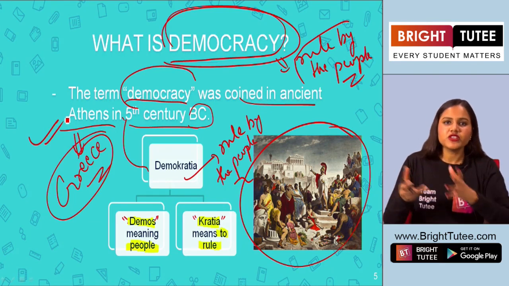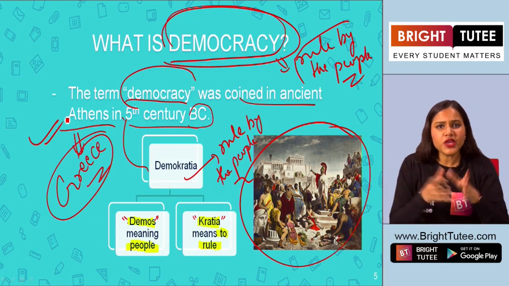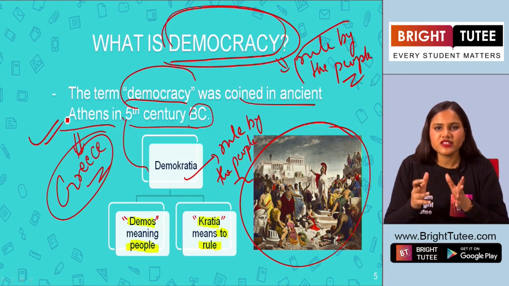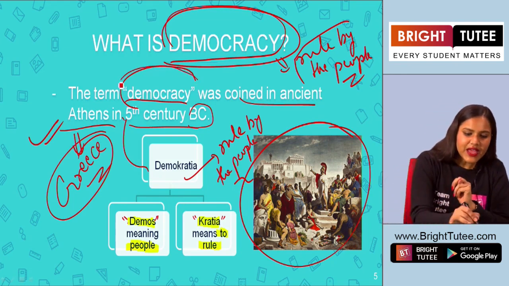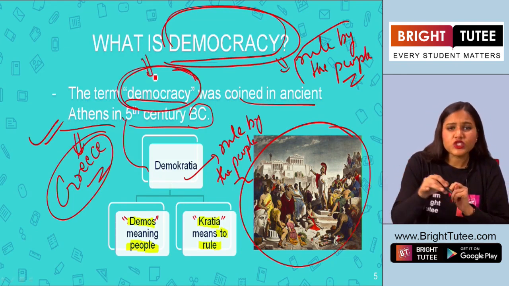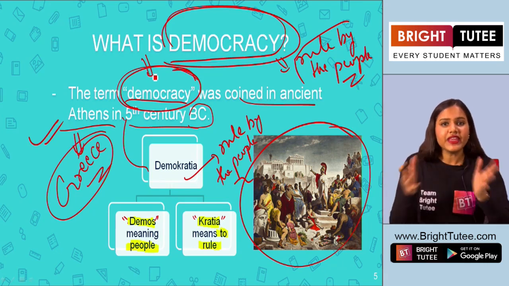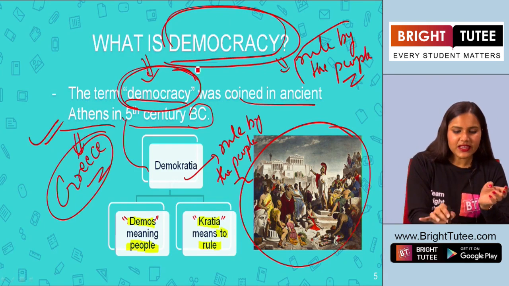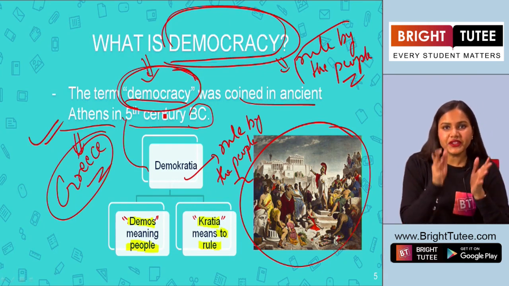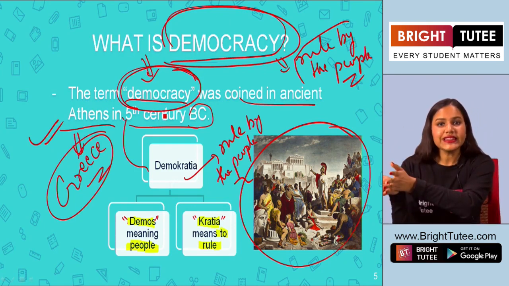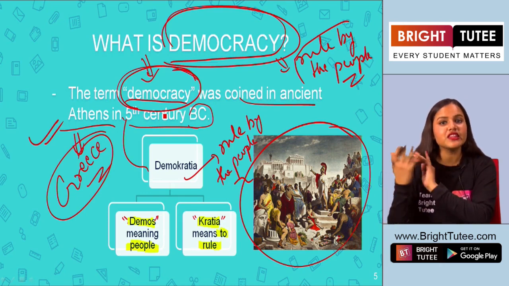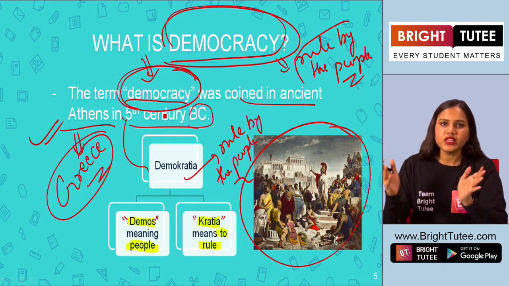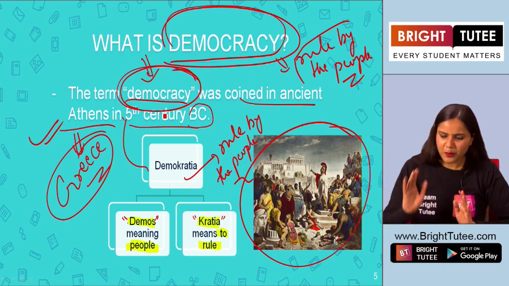Now, when I'm talking about historians and political philosophers, we all know that social science is a subject where everyone, be it the historians or the philosophers, researches on various points. So the term democracy was seen to exist in the 5th, 6th century according to these political thinkers.